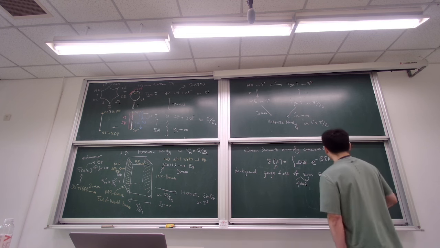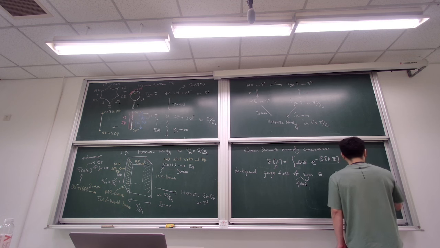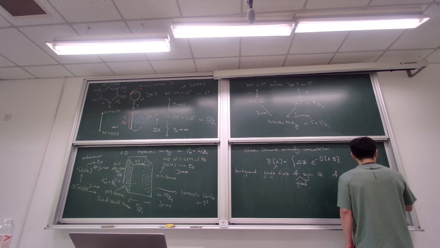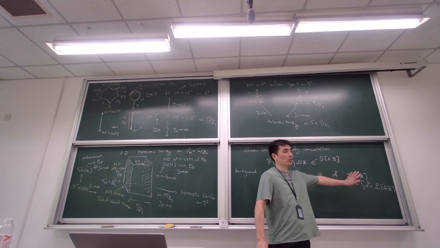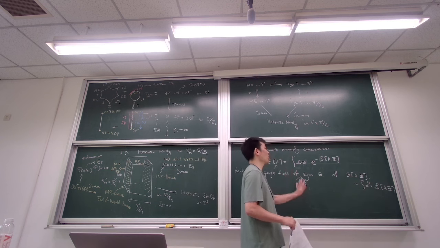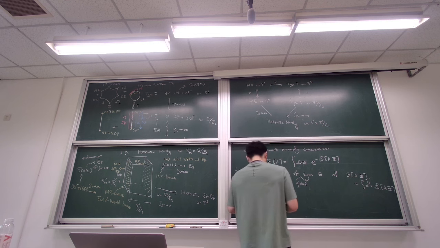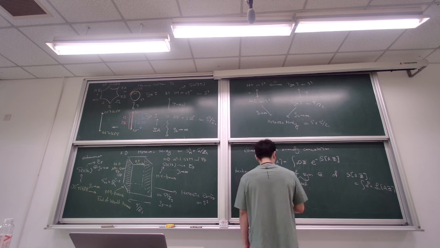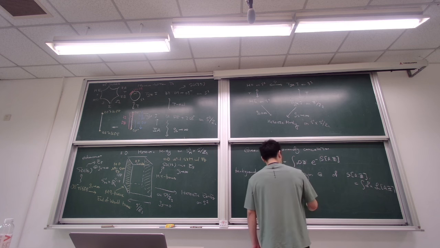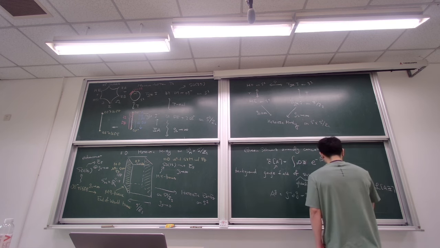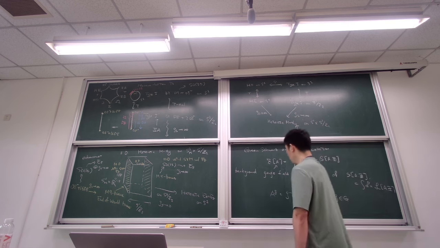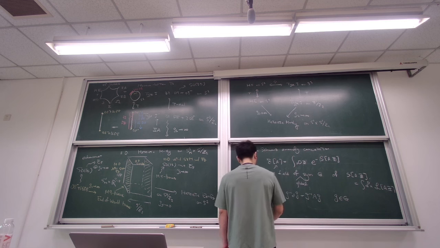S is the action or Lagrangian, S can be understood as the integral dx Lagrangian of phi. It's a symmetry of the action or Lagrangian. So I'm not going to talk about the symmetry of the path integral. And we do the gauge transformation. The gauge transformation is, as you know, A goes to G inverse dG plus G inverse A G. So this is the symmetry transformation where G is inside the symmetry group G. Then anomaly is indeed at the level of the path integral.